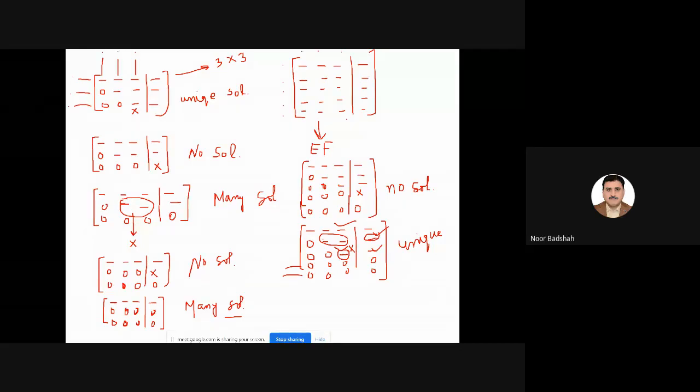This thing is very important, and you need to learn it because I'm going to use this again and again. And you should practice how to convert a matrix into echelon form.